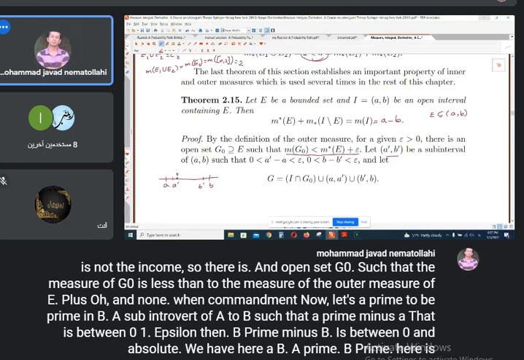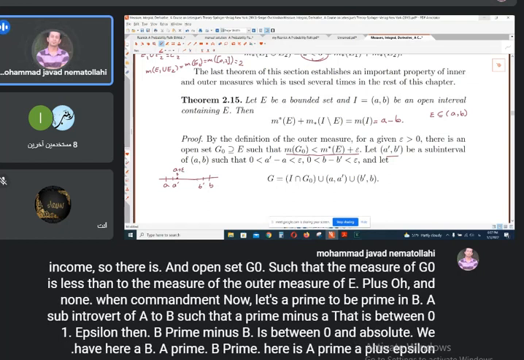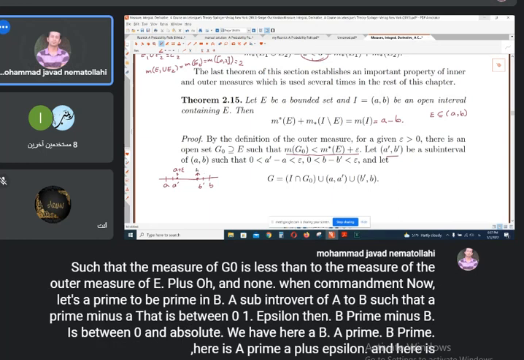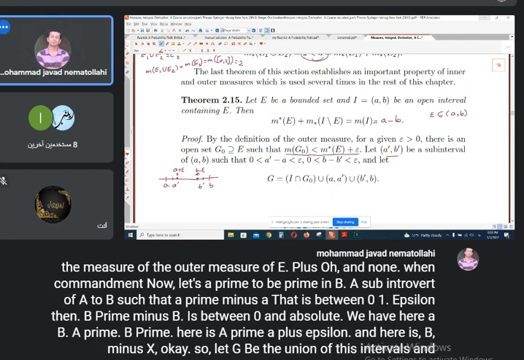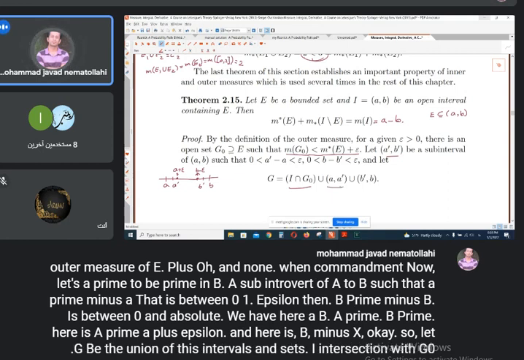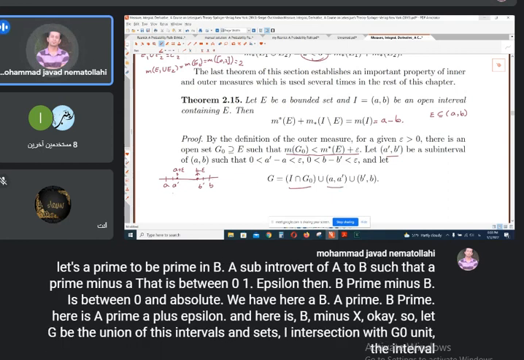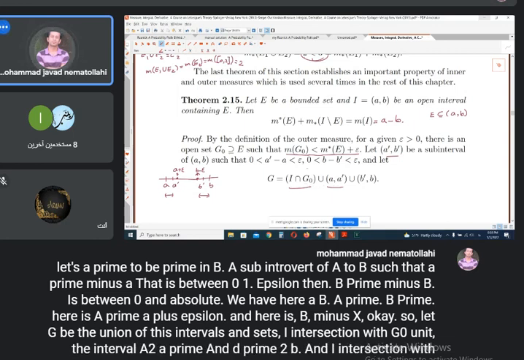Here is A prime, A plus epsilon, and here is B minus epsilon. Okay, so let G be the union of these intervals and sets: I intersection with G0, union with the interval A to A prime here, and B prime to B, and I intersection with G0.